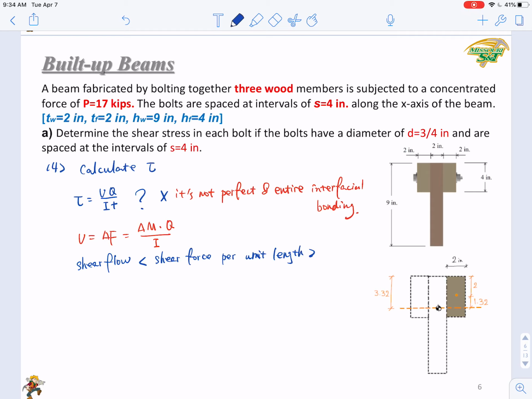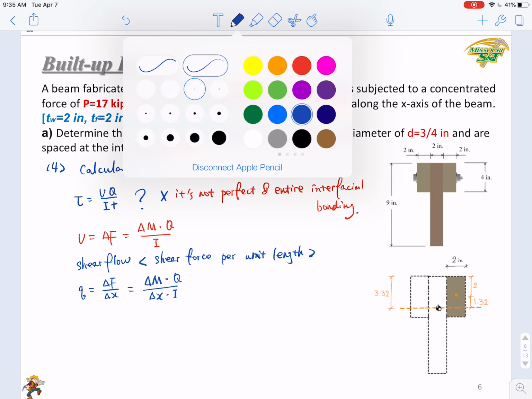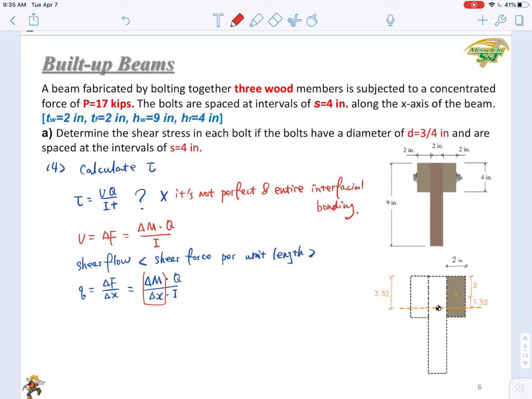Right? So shear flow, according to its definition, can be calculated by q equals delta F over delta x. From the above equation, you get delta M times Q over delta x times I. What is delta M over delta x?